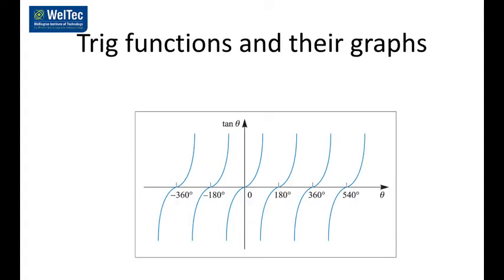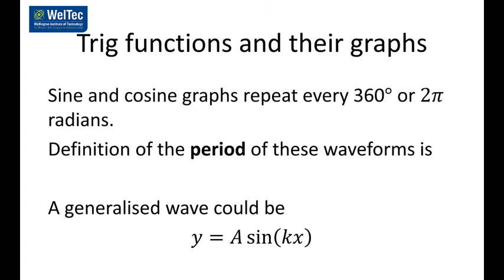Similarly, we could plot a tan curve, and remembering that at 90 degrees tan is infinite, so in actual fact there's a gap in there, and the same then at 270. And it keeps repeating. We know that the sine and the cosine curves repeat every 360 degrees or every 2 pi radians. So we talk about the period.